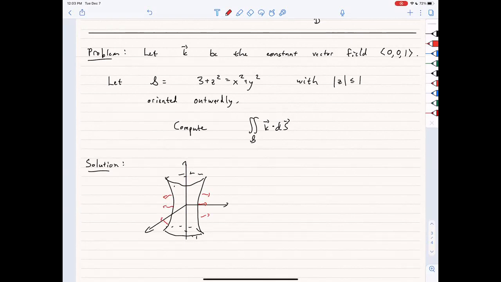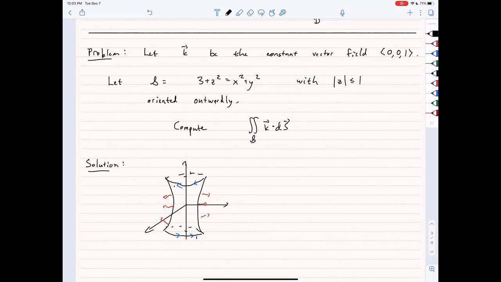So this is our picture here. Now, if we want to orient the boundary, we get this kind of an orientation too, compatibly. So we get this picture. Now, if you wanted to actually do the surface integral here, it is doable.